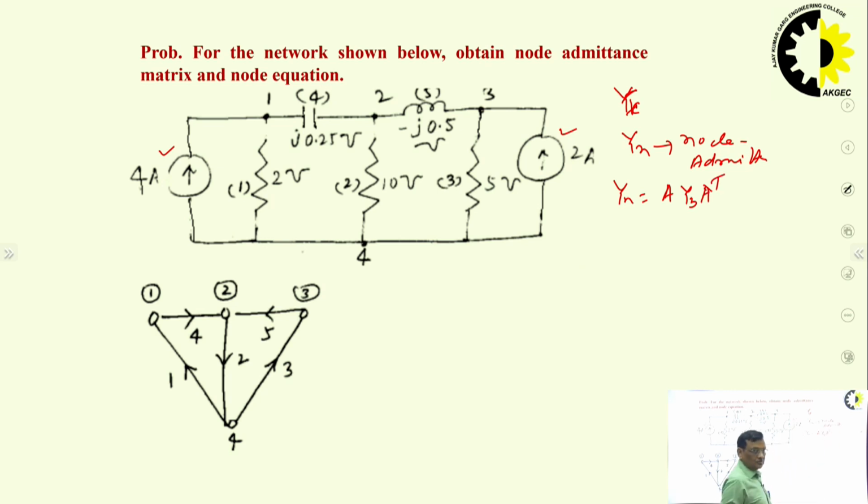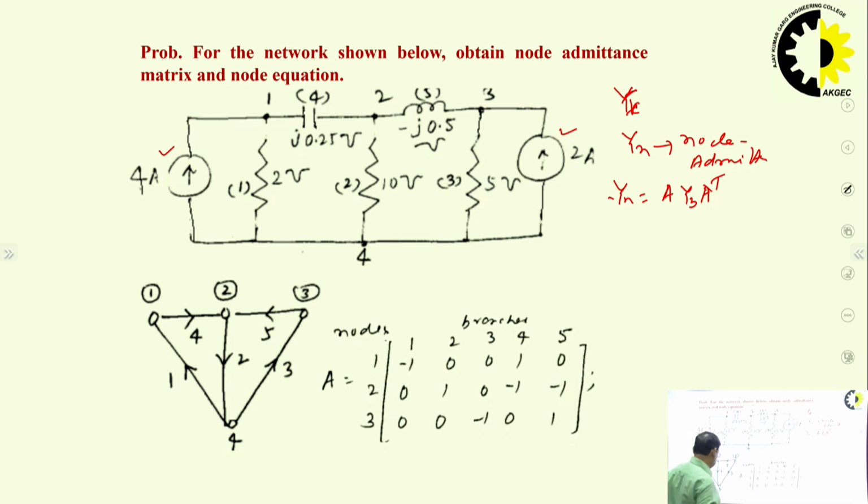If we find the cut set admittance, then we go for the Qf matrix. So for this case, we just write the A matrix. How will we write it? How many nodes are there? 4 nodes are there, so 4 columns.